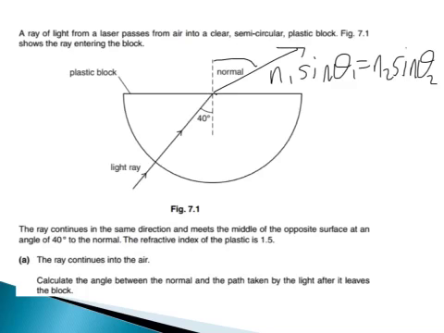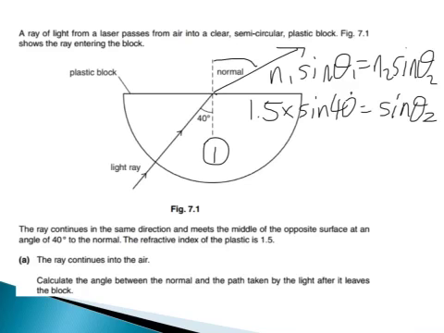The first medium we're going to consider, medium 1, is this plastic block. So we're told the refractive index is 1.5, that's n1. Multiply that by the sine of the angle of incidence, in this case 40 degrees, and that will give us, of course we have to assume that the refractive index of air is 1, so n2 is simply 1, which makes it simply equal to sine theta 2.